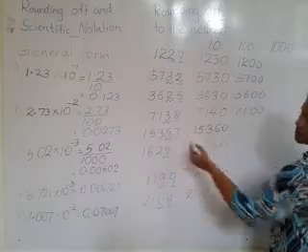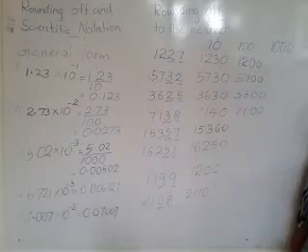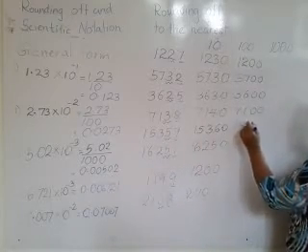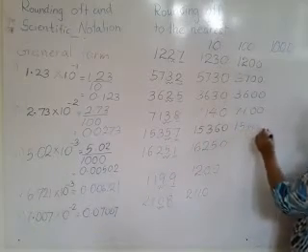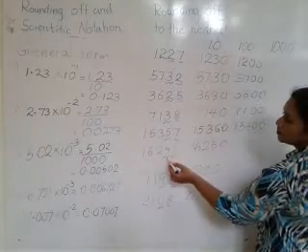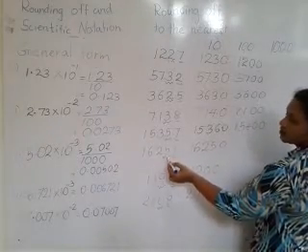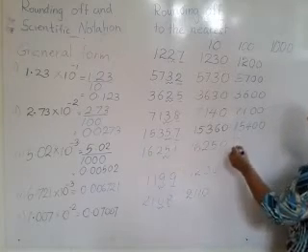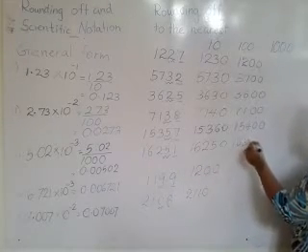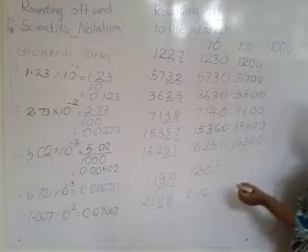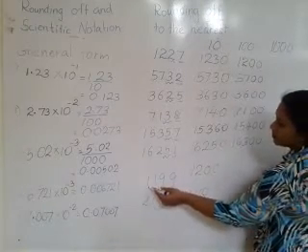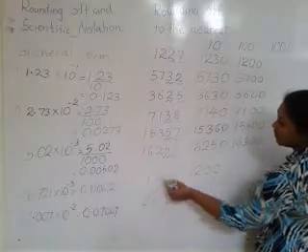Here it changes because it is 5, so 154 and 2 zeros. Here it changes because of 5, so 163 and 2 zeros. Here 9 is more than 5, so it changes, 11 becomes 12.